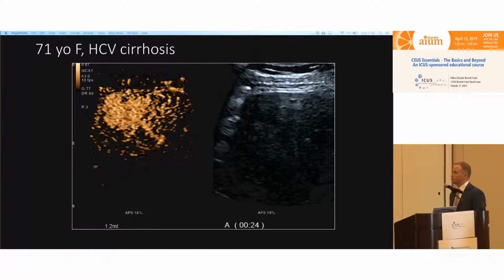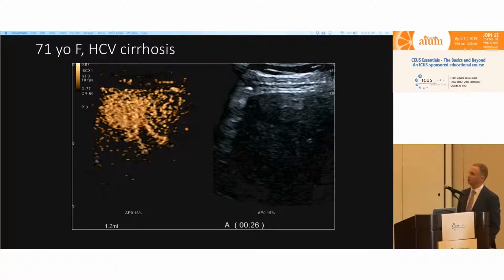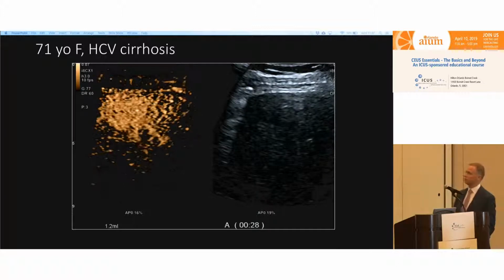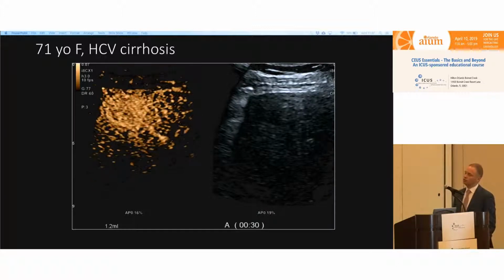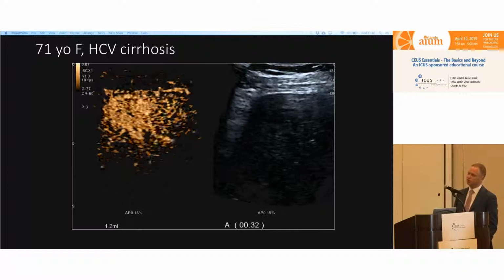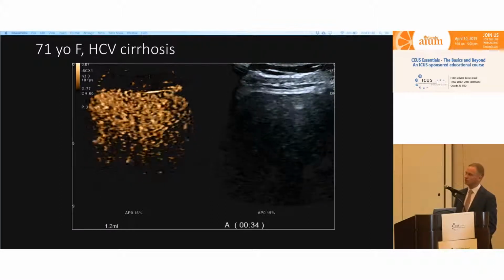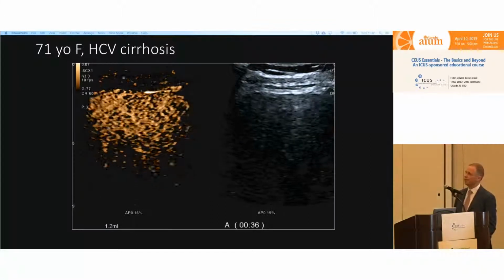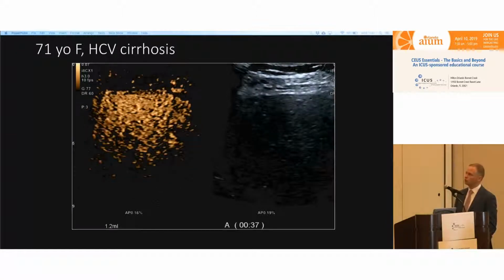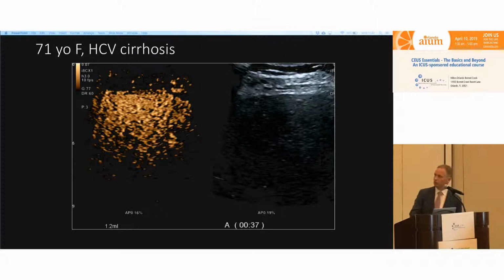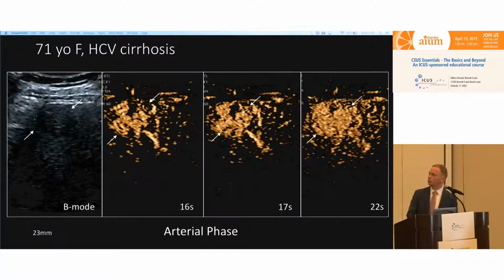You can start seeing portal veins filling up with contrast in about 27 seconds. It's very typical to see such a heterogeneous appearance of the liver on contrast-enhanced ultrasound in cirrhotic patients. So this is normal liver surrounding the tumor, and then the patient takes a breath in, and the lesion kind of goes away from the field of view.